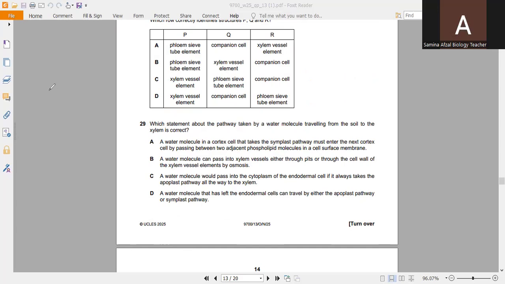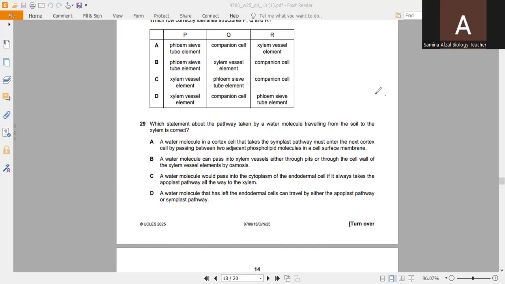Question number 29 is: which statement about the pathway taken by a water molecule traveling from the soil to the xylem is correct? A water molecule in a cortex cell that takes the symplast pathway must enter the next cortex cell by passing between two adjacent phospholipid molecules in a cell surface membrane.